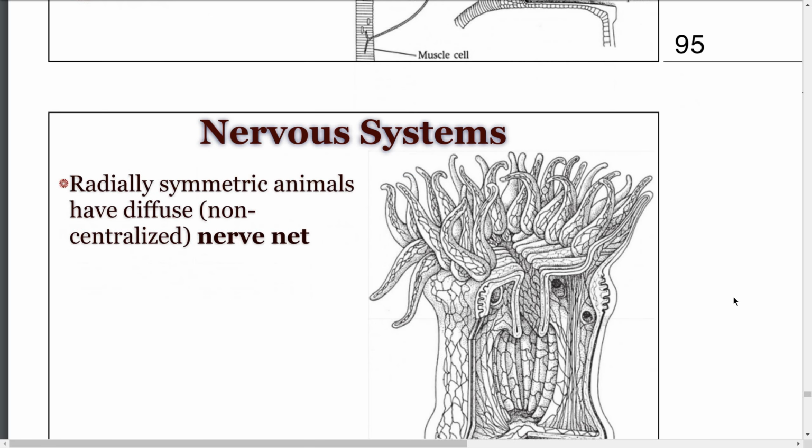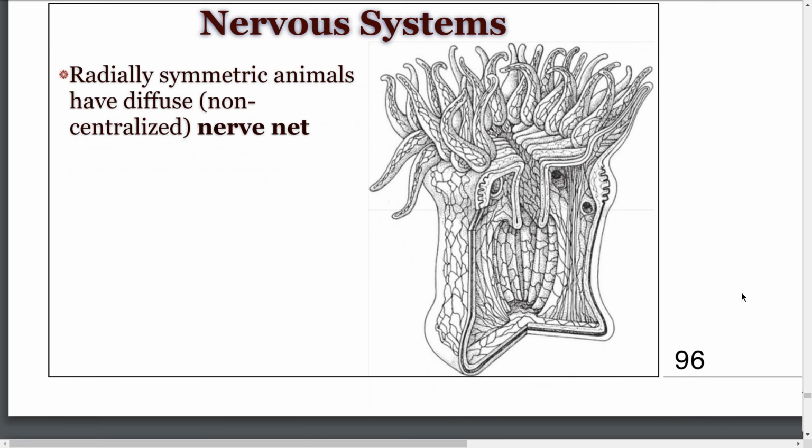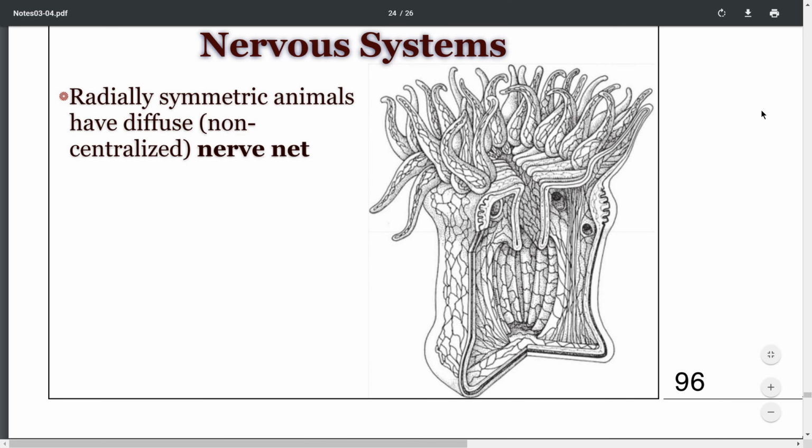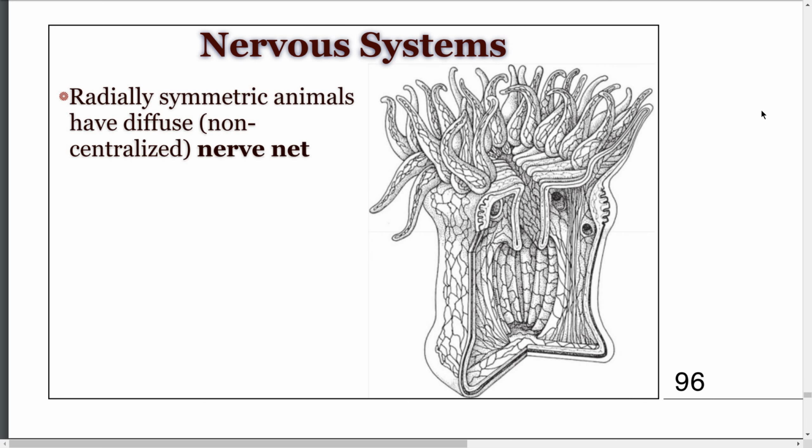All right. So moving right along, the final system is the nervous system, which includes the neurons and sensory organs. Nervous systems are basically composed of specialized cells that conduct electrical impulses.